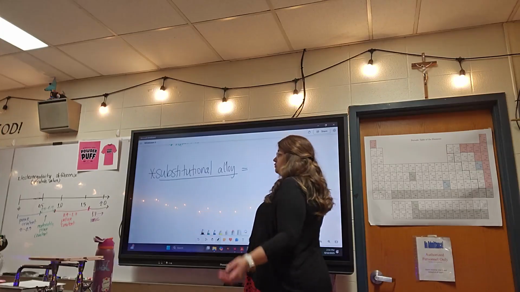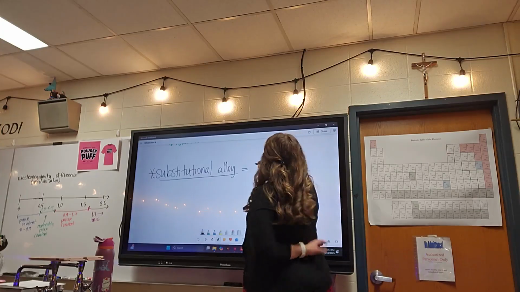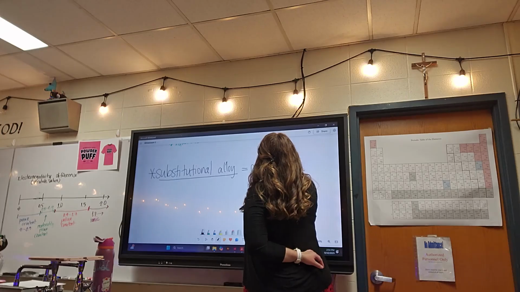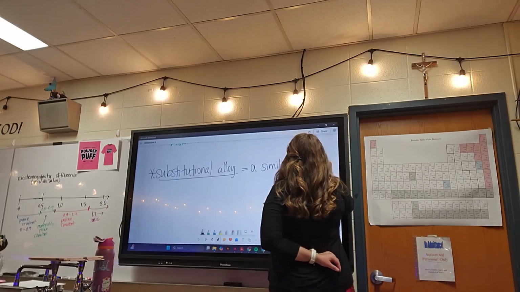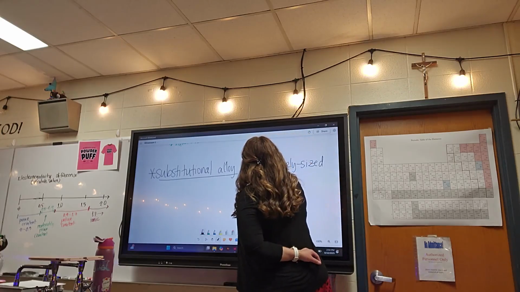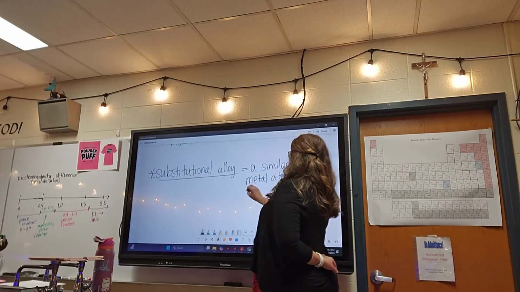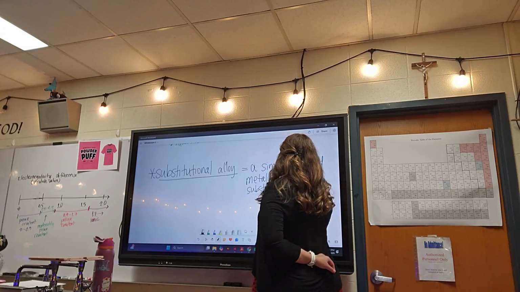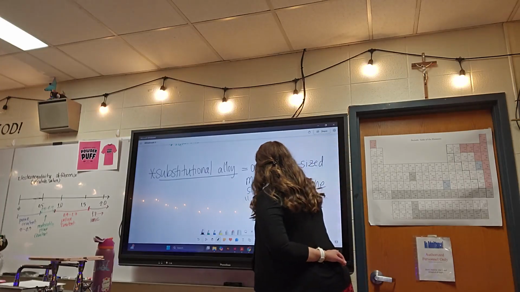So substitution, what does it mean when you substitute? It means you put one thing in for something else. So a similarly sized metal atom is substituted for what we call the host metal.